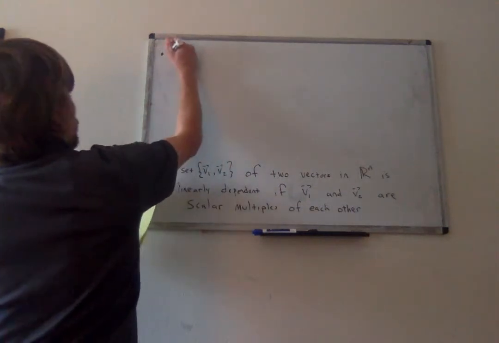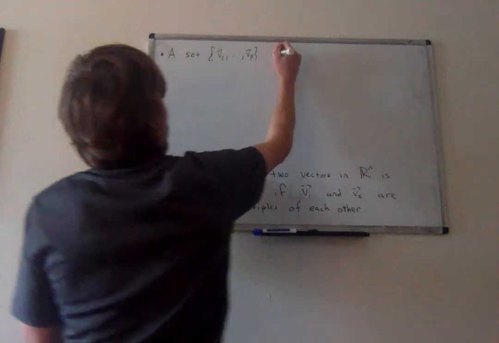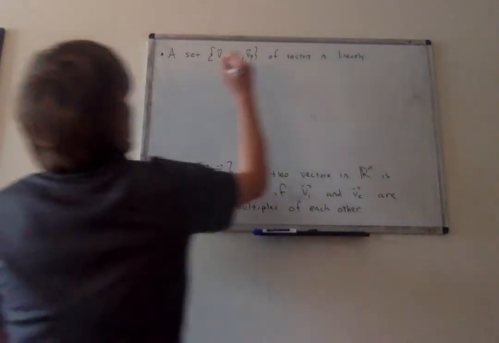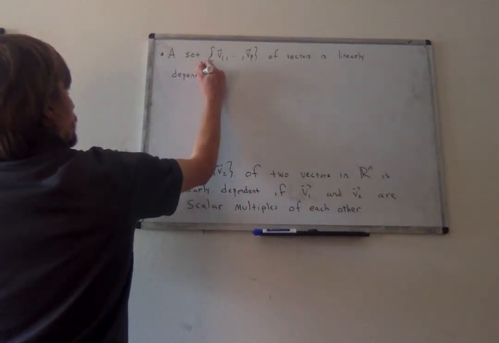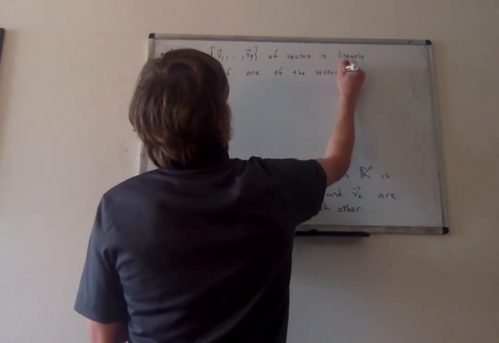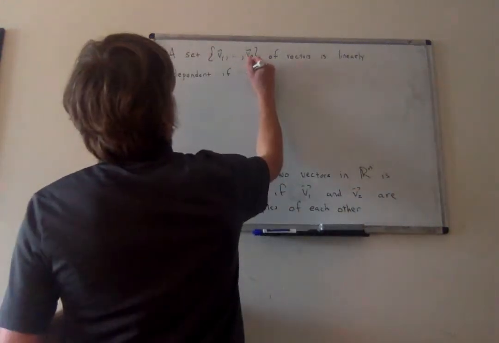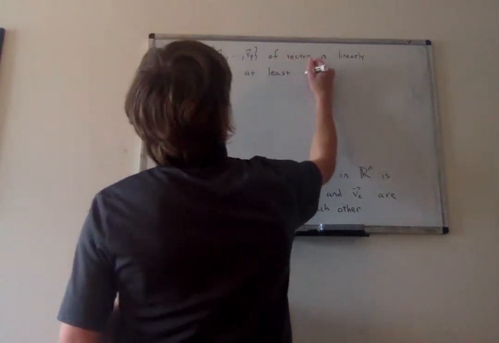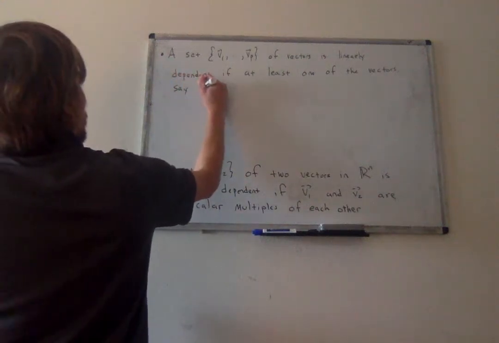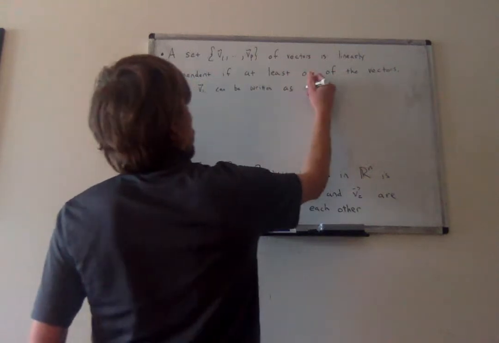A set of p vectors, index them like this, v1 through vp, is linearly dependent if at least one of the vectors, say v sub i, can be written as a linear combination of the others.